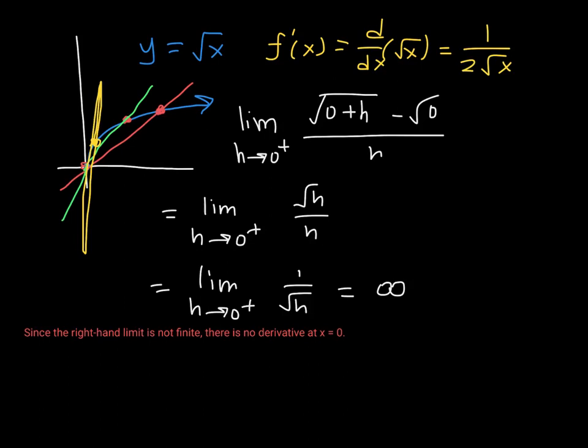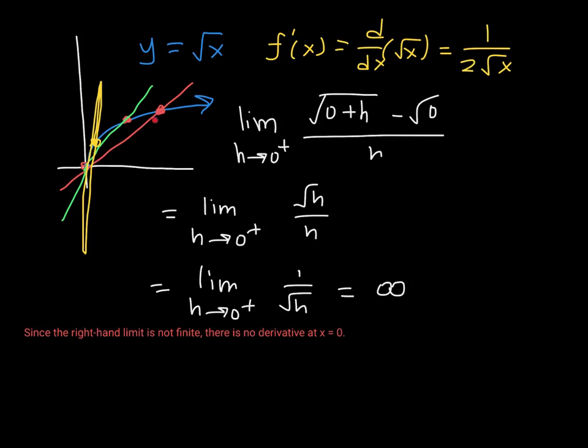The slopes keep getting bigger and bigger, which means that the graph has a vertical tangent line, right? These secant lines are approaching a vertical tangent line. And the slope of a tangent line that is vertical is undefined, right? The slope of a vertical line is undefined.